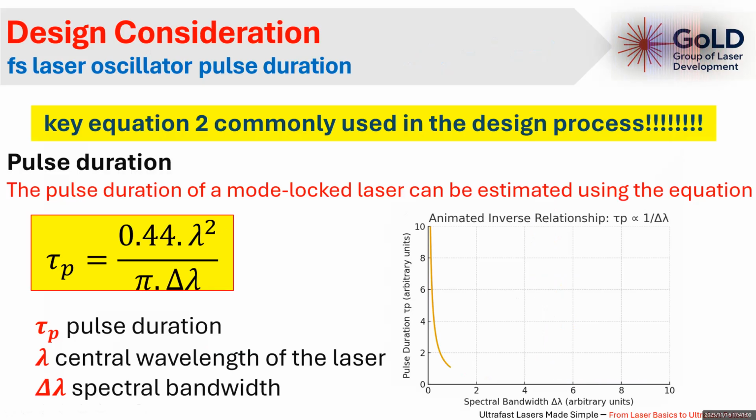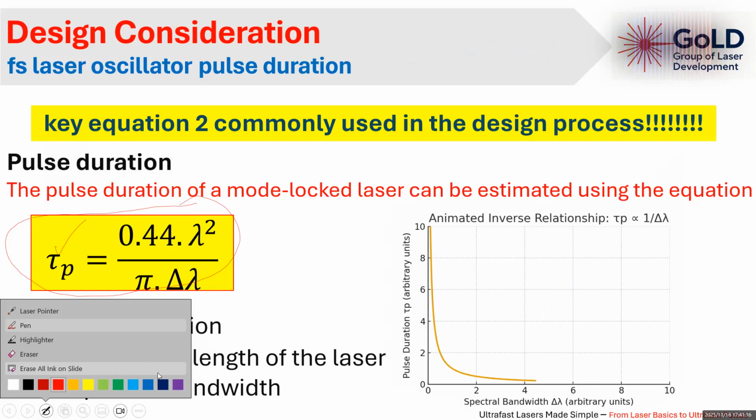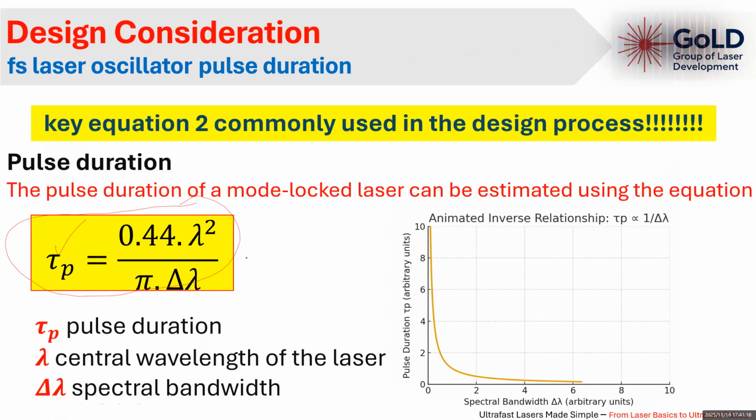In this equation, we have the pulse duration, which is the pulse duration of the femtosecond or whatever pulse is generated, but here we are specifically discussing femtosecond laser oscillators.